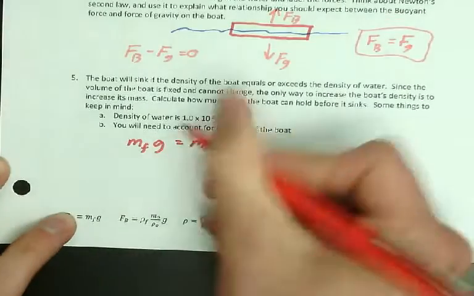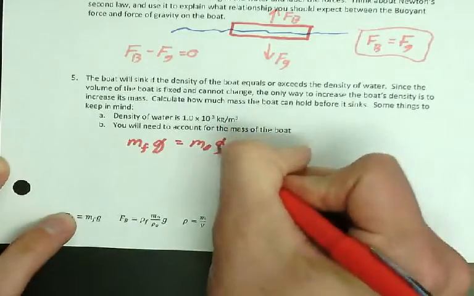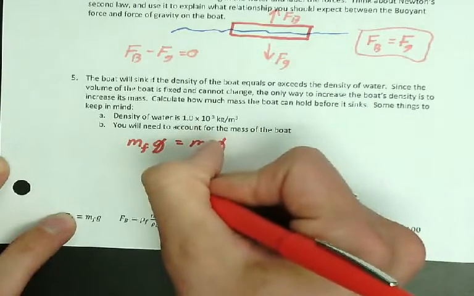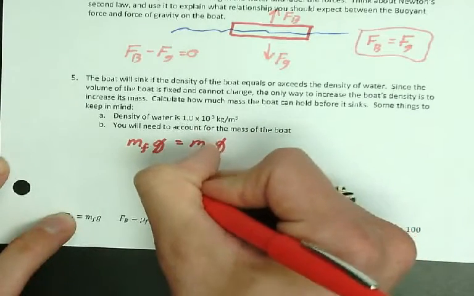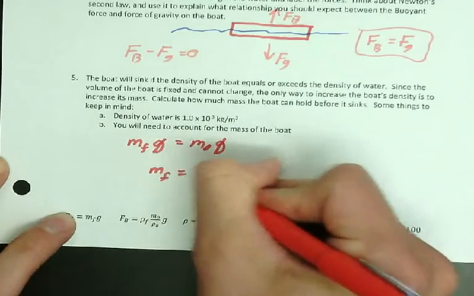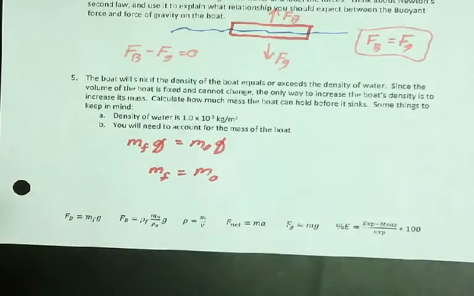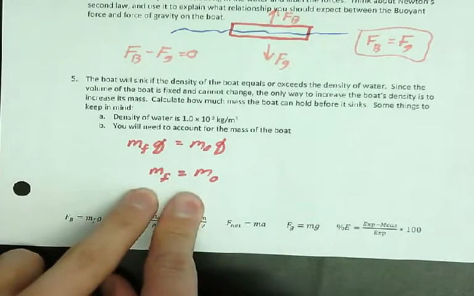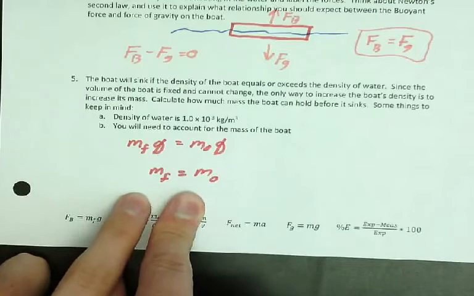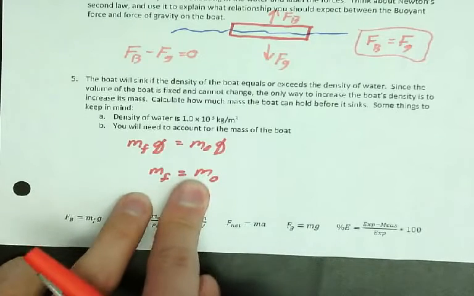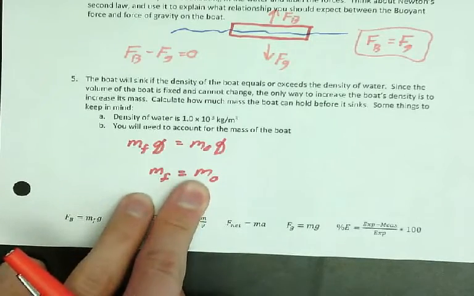G's on both sides, so G cancels. So we get mass of the fluid equals mass of the object. So the masses are going to equal each other. So all I need to finish this off is figure out how to get this mass together. And since the masses are the same, I can deal with them interchangeably.